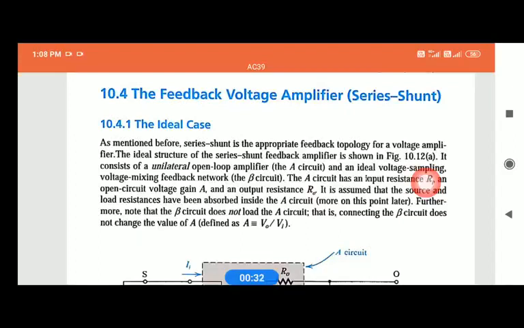The feedback voltage amplifier using series shunt topology. About this voltage amplifier and series shunt topology network block diagram, we saw in a previous session. So today we will analyze this feedback voltage amplifier using its equivalent circuits.